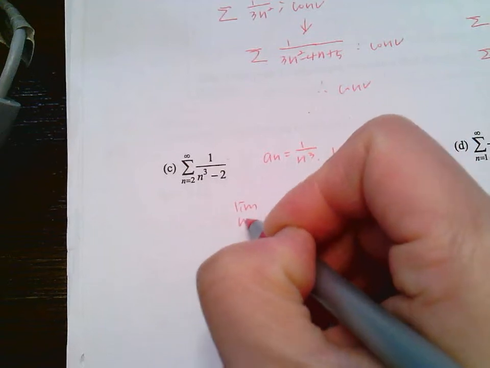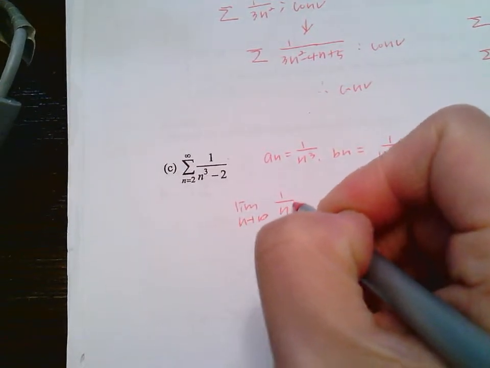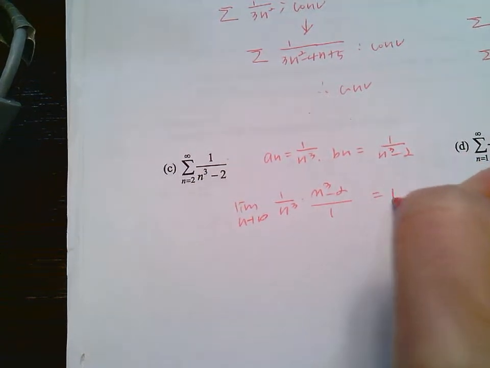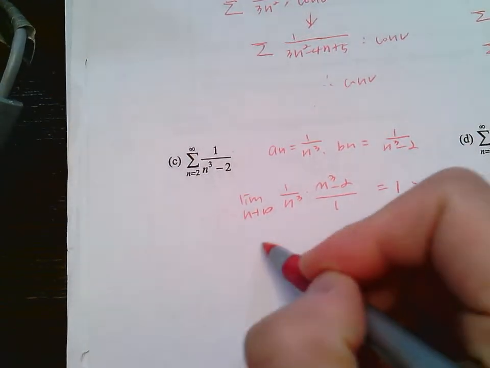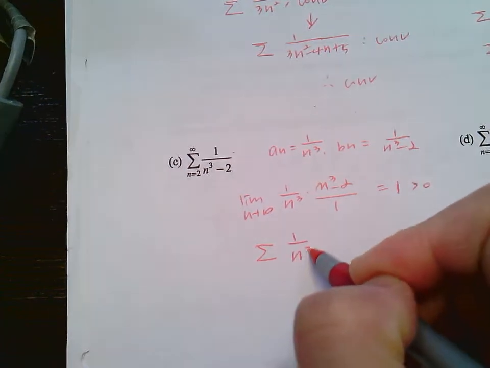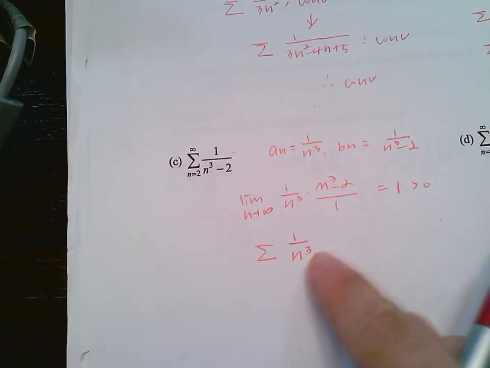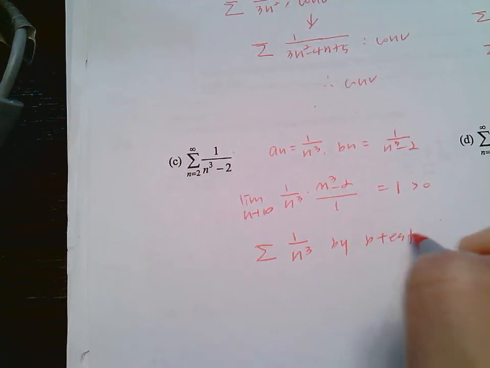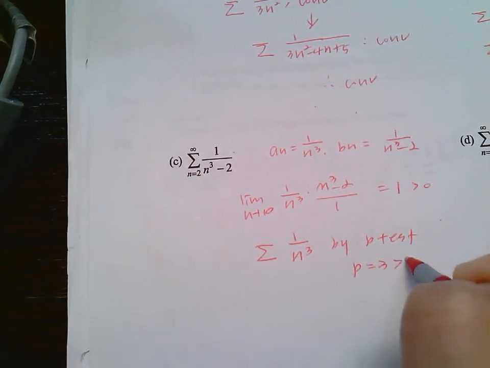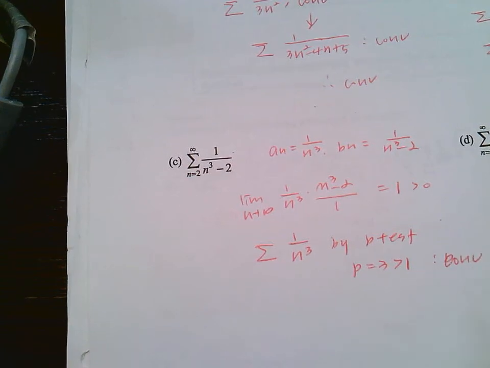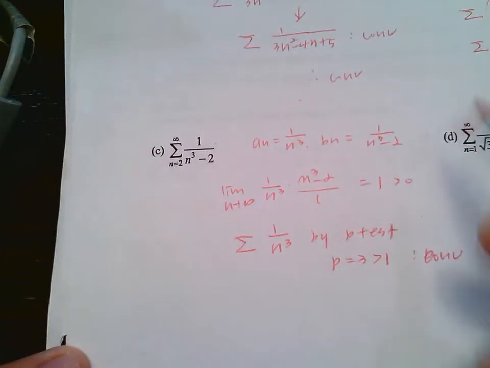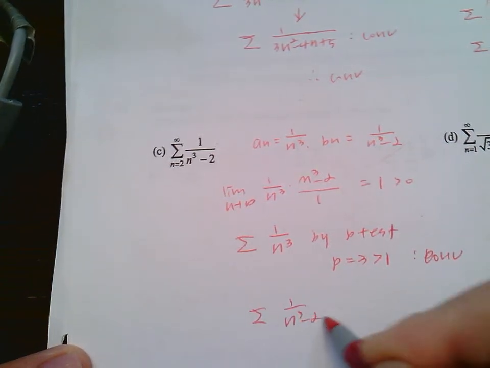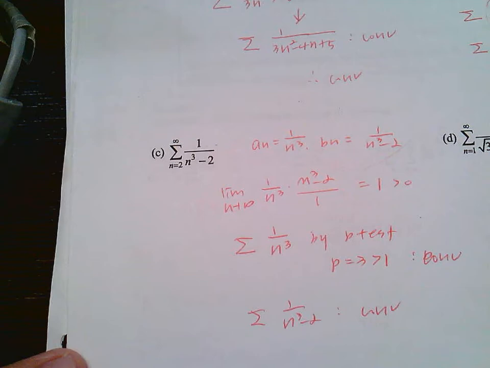Now the limit as n approaches infinity of a sub n, 1 over n to the 3rd, times the reciprocal, n to the 3rd minus 2 over 1, which is 1, positive finite. Now sigma notation 1 over n to the 3rd is a p-series, isn't it? So by the p-test, p is 3, greater than 1, so we know this converges, right? Since a sub n converges, b sub n is also what? Convergent. This one also converges.